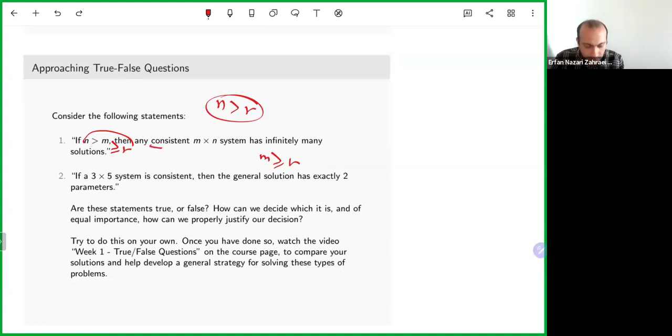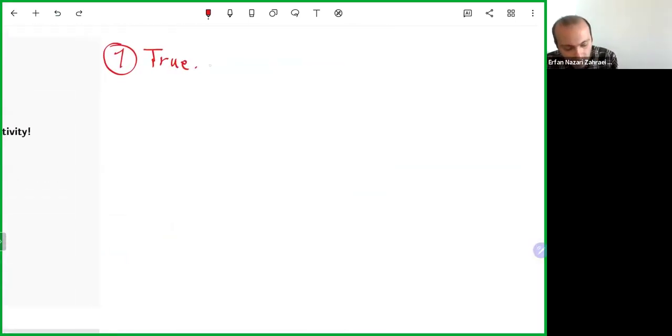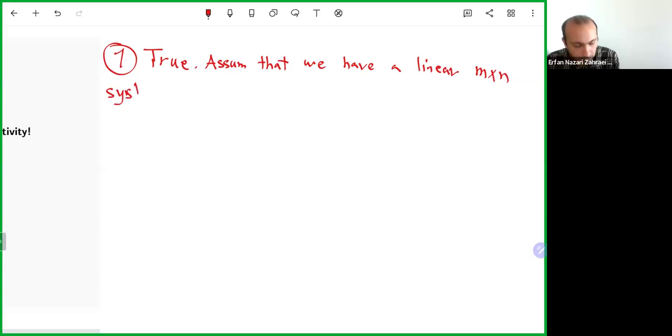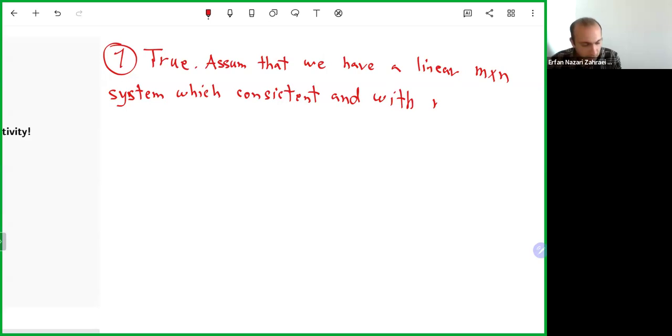The assumptions are a consistent system, m by n, and n more than m. So assume that we have a linear system, m by n, and consistent, with, what was the other assumption?